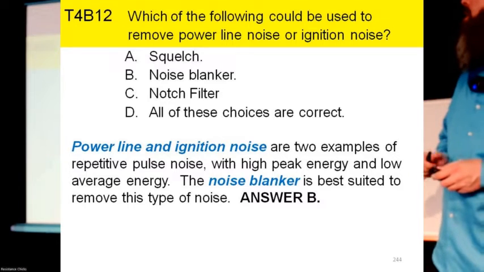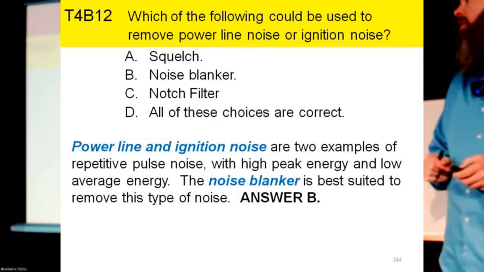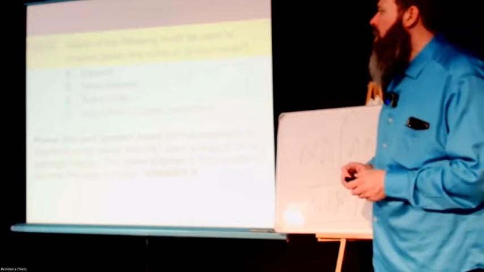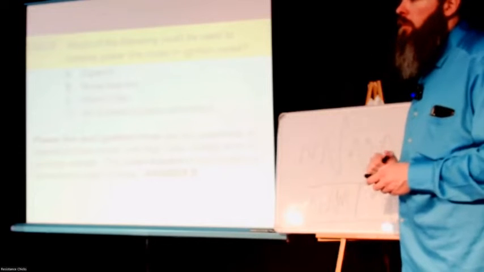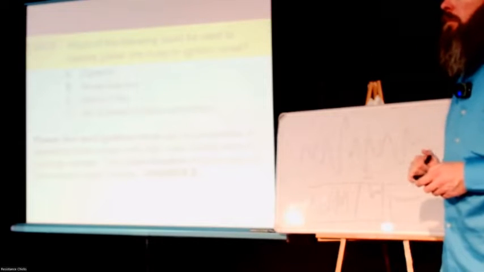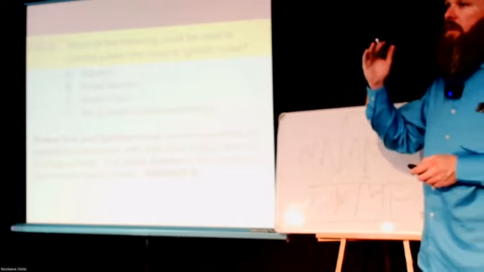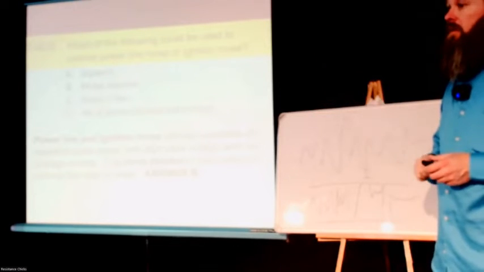Which of the following could be used to remove power line noise or ignition noise? Okay, it's called the noise blanker. Well, squelch eliminates the background noise and says, I don't want to hear a signal unless it's stronger than the background noise.